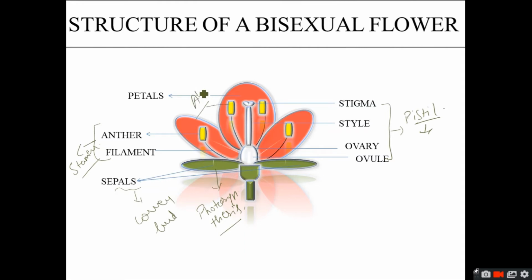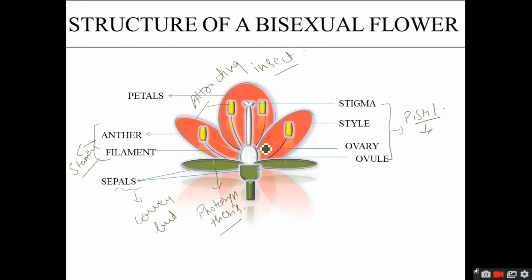Now another important thing is the petals. So petals are mainly helping in pollination by attracting insects. So petals mainly attract insects, and when an insect comes for the secretion of nectar, at that time the pollen from the anthers of the male reproductive part of the flower gets stuck onto the stigma of the female reproductive part of the flower.